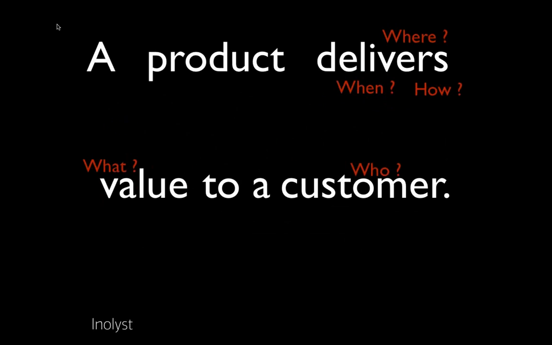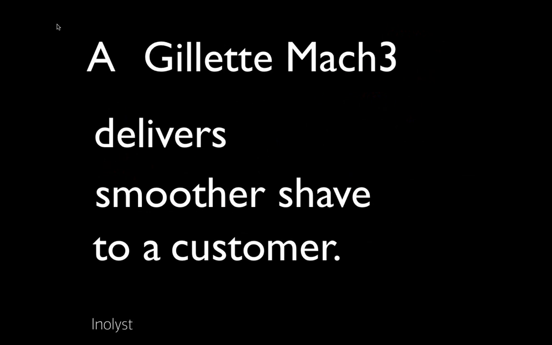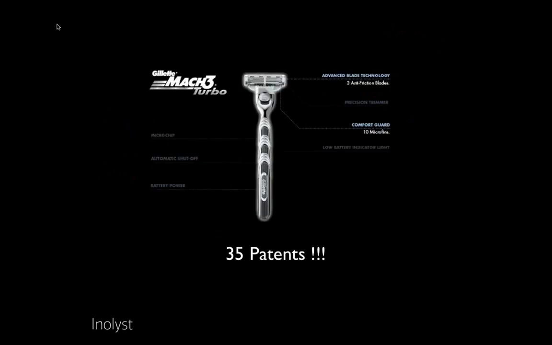So what did Gillette do in this case? What was their strategy to safeguard their product, their interest? It's very interesting. Gillette Mach 3 delivers a smoother shave, so protect every single aspect that allows a customer to get a smoother shave. Which also means that Gillette had to safeguard and protect every single aspect that allows them to build a product that delivers the smoothest shave.